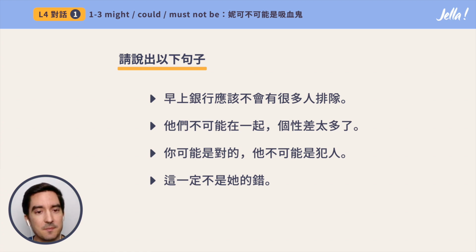Now, next up is 这一定不是他的错. Now, there are a few different ways to change this into English, depending on what's going on. Let's say I have a piece of paper and there's some writing on it, and there's a mistake. Somebody made a mistake on the paper, and we're talking about her. And, oh, wait, this doesn't look like her handwriting.